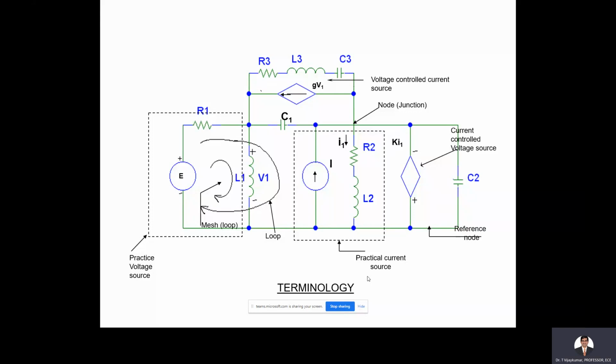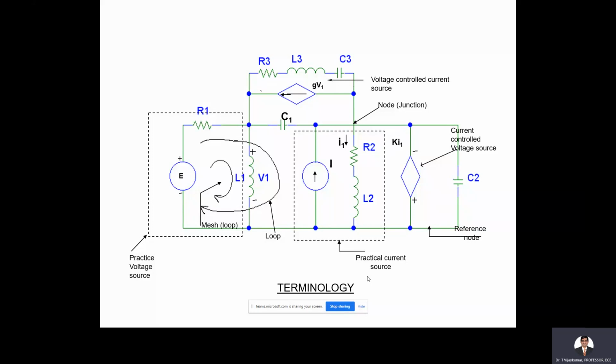And in the voltage source, you represent minus and plus. This is a current controlled voltage source. Here, this voltage source is controlled by the current I1. So where is I1 here? It is the current flowing through the resistor R2. So this voltage source depends upon the current flowing through R2. Therefore, it is called a current controlled voltage source.